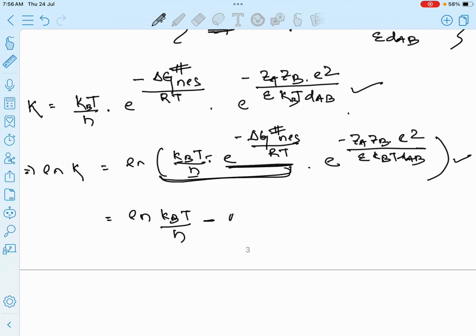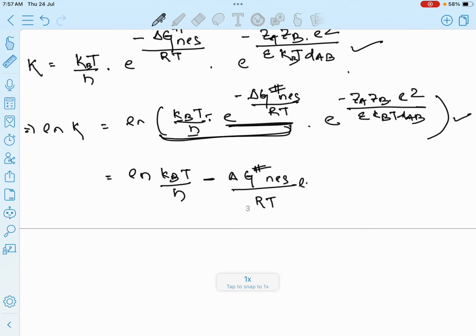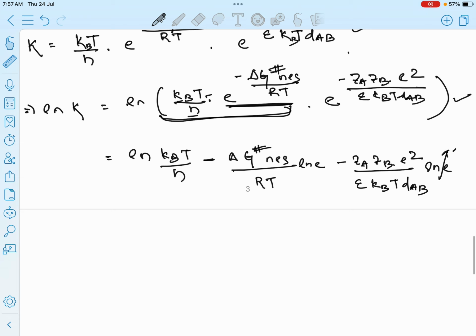That means this will be equal to delta G activation, the non-electrostatic contribution due to the free energy, ln k is equal to 1 minus ZA into ZB e square by epsilon kBT. We are just using ln A into B is ln A plus ln B. We are using the formula ln A, and we already know ln e is 1.